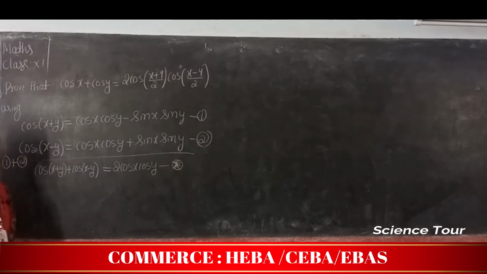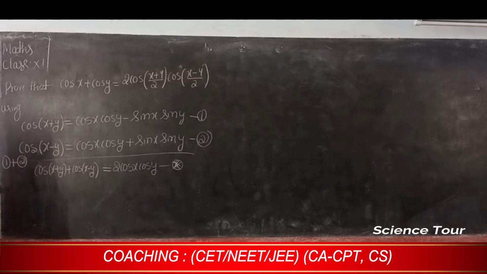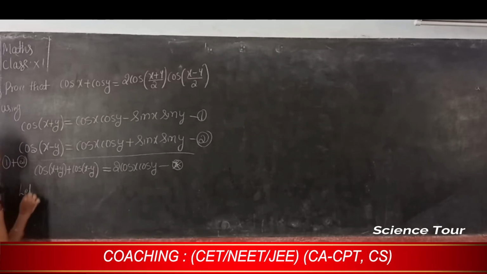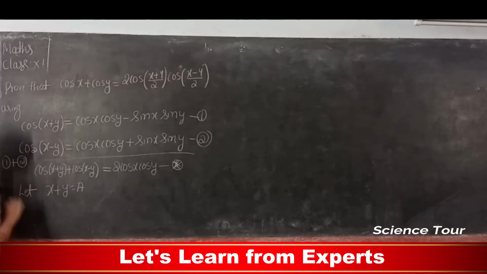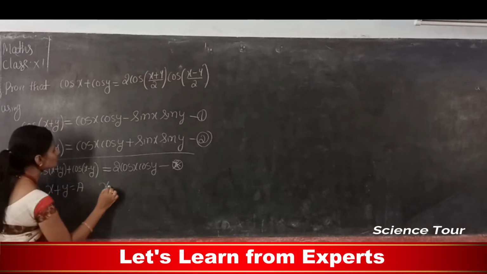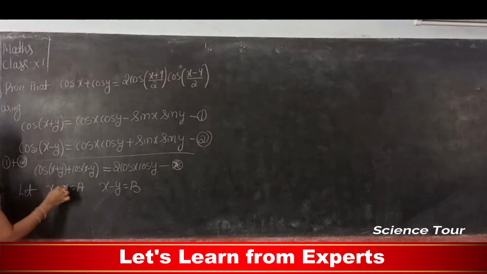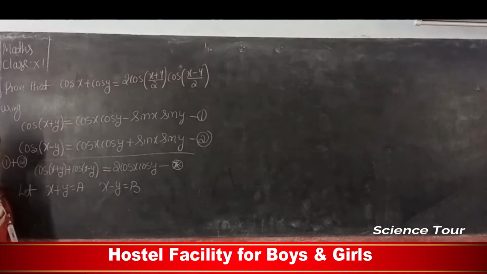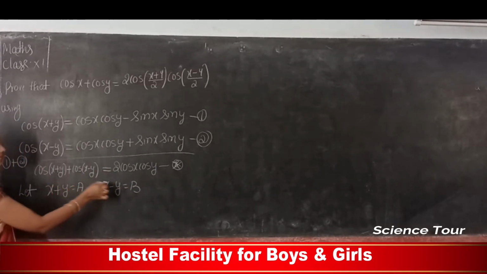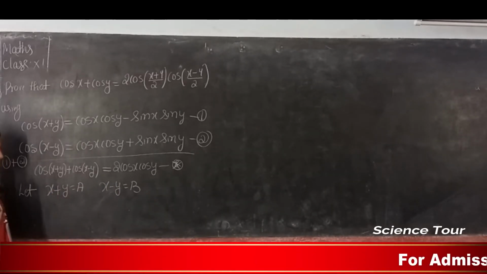This is equation star. Next, what we did in the previous proofs: we took x plus y is equal to a, and x minus y is equal to b. I added these two equations and then I subtracted these two equations.